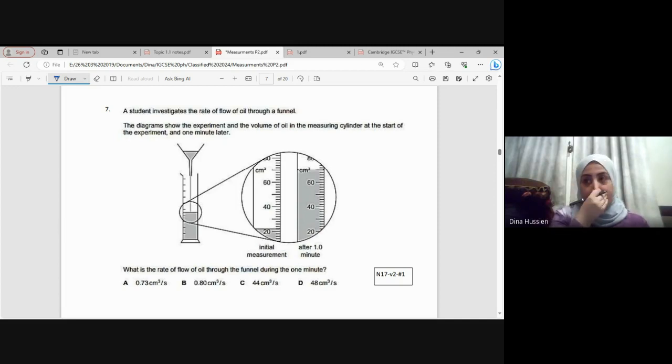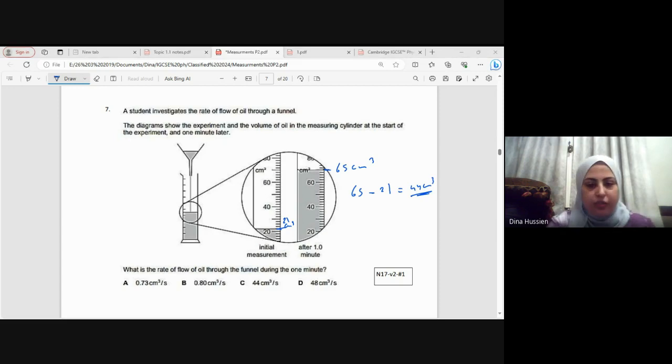We must hear how we think together so we know what the difference should be. We agreed that both of you did the same thing, whether Abdelrahman or Yahya. We looked at the first reading, which was at 21 centimeter cubed, and this one was at 65 centimeter cubed. So the difference between both of them is simply 65 minus 21, which is 44 centimeter cubed. This is what both of you, Abdelrahman and Yahya, reached.